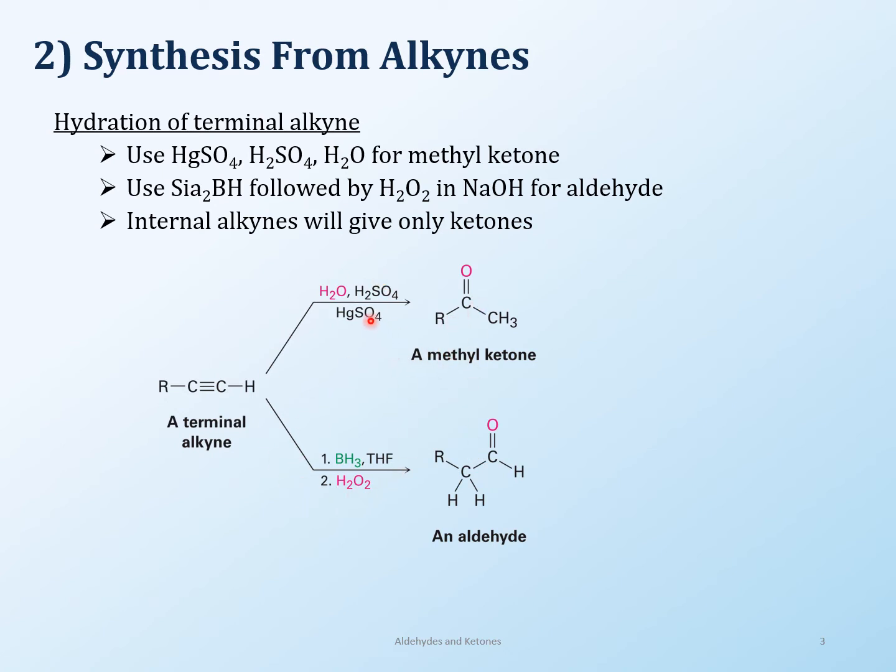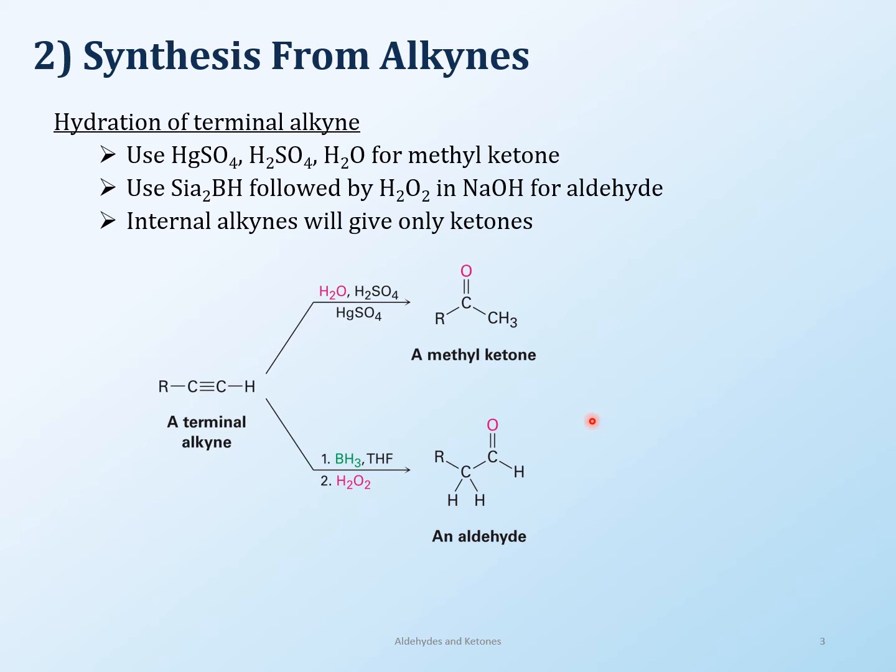So mercury sulfate will give you an internal group, whereas hydroboration will give you an aldehyde or a terminal group. This reaction is very similar to what you did back in the alkene reactions for hydration. If you just use the mercury reagent and treat it with an alkene, you will get Markovnikov addition and you get an internal alcohol.